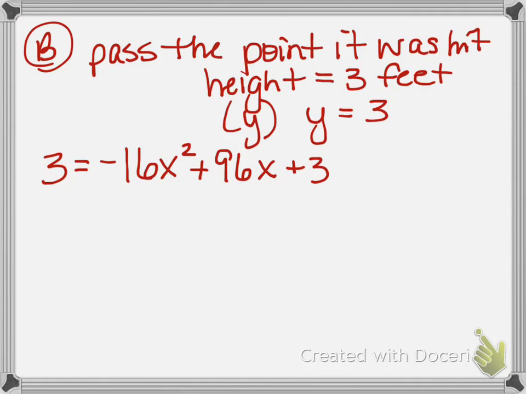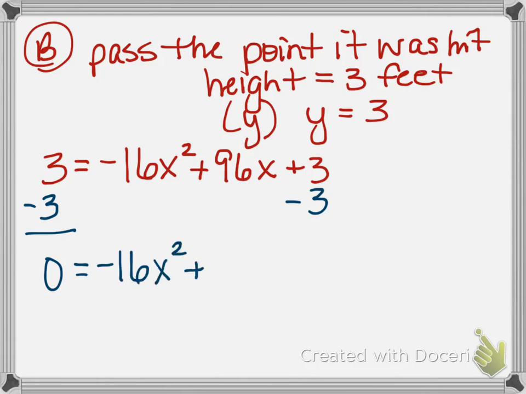No, it has to equal, what is it? 0. So this 3 is not allowed to be a 3, it has to be a 0, so I have to make it 0 by subtracting the 3. I subtract the 3 on this side also, and I end up with negative 16x squared plus 96x plus 0. My constants actually cancel out.